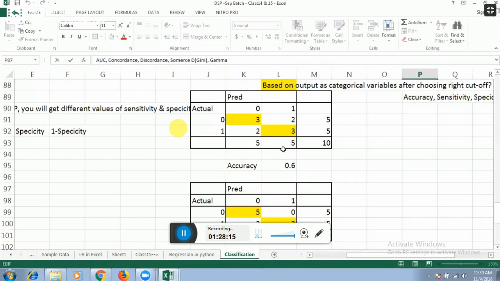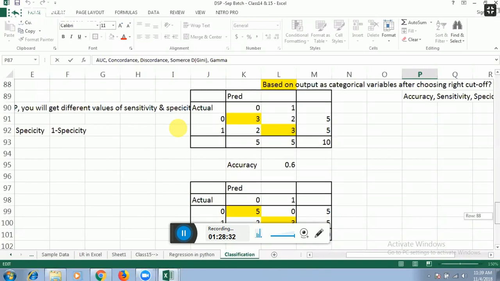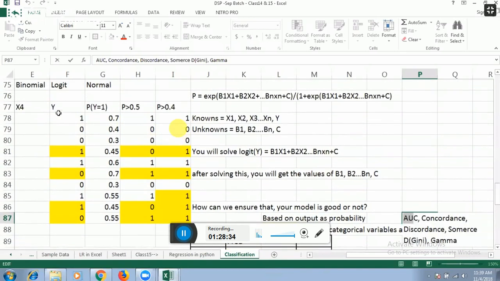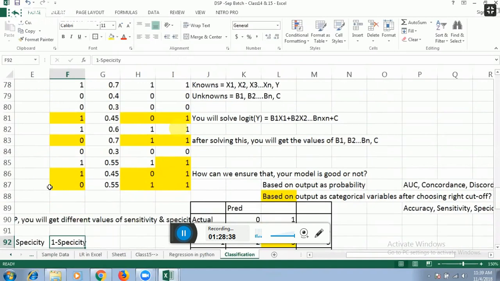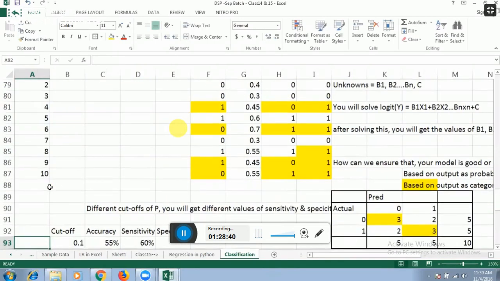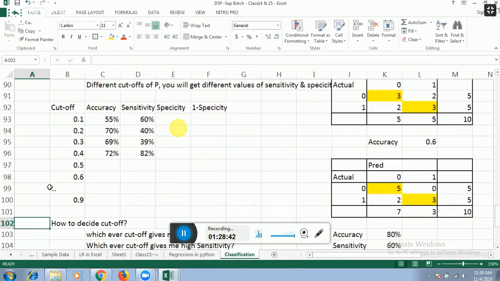That means a low false positive rate and a high true positive rate. How good is your model? By looking at that only I can say that. Of course, by using these tables also I can say that, but this is the same thing in a visual manner, nothing else. So whatever you are getting over here is exactly the same thing I'm talking about for different cutoffs. We discussed it in a tabular manner, and I'm showing the same thing in a visual form.